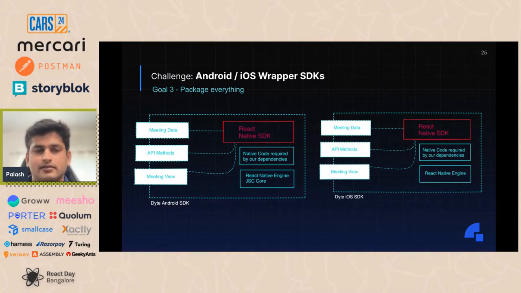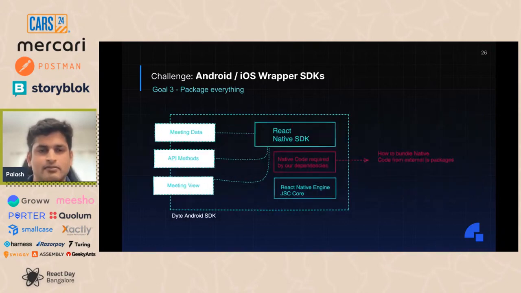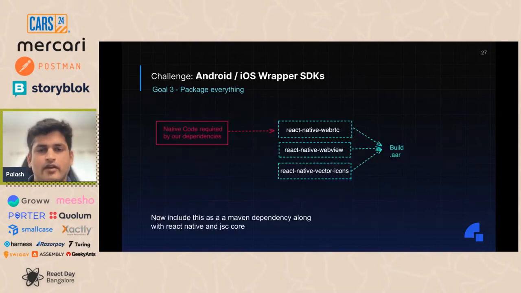Most of it is straightforward, except the second part, where how do you package React Native WebView in your Android project. So what we do is, for all these projects, we build AARs. And once these are built, we include them in our Maven dependency.